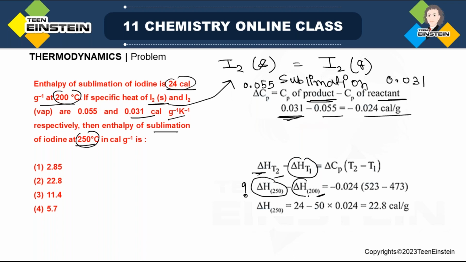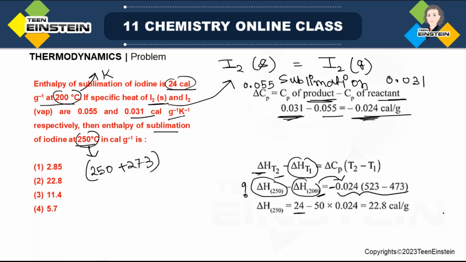So if you bring this quantity to the right hand side, it will be positive 24, and this quantity, Cp into T2 minus T1, will be negative because del Cp is negative. T2 is 523 because you have to change it to Kelvin. So 250 plus 273 is 523.